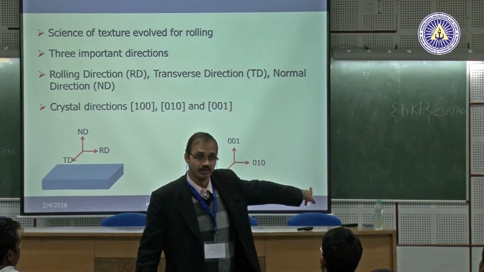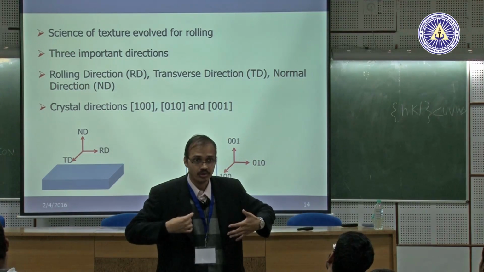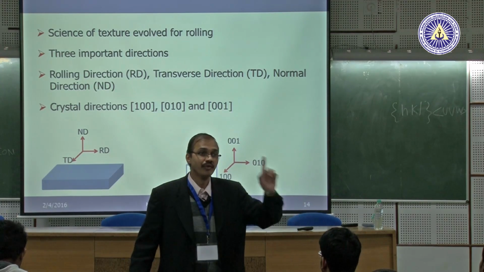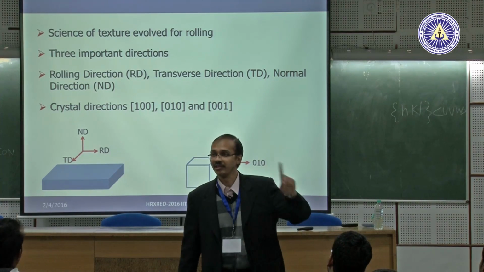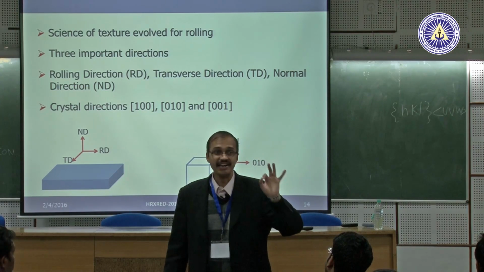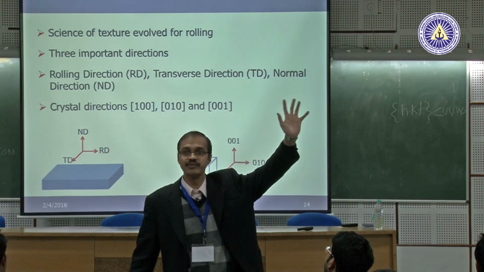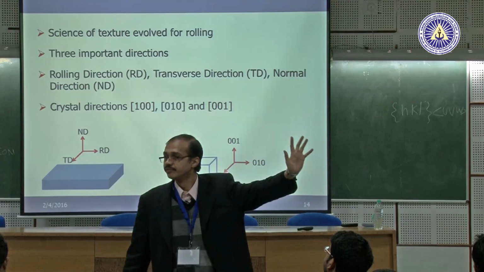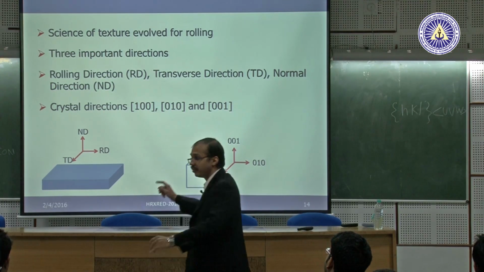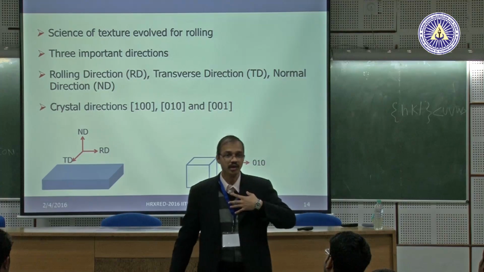The family is going to change. One-on-one planes do not become 1-1-0 planes if you change the frame of reference. One-on-one planes will still look like one-on-one planes, because remember, your origin can be taken only at lattice points. You can't take the origin somewhere in the middle.